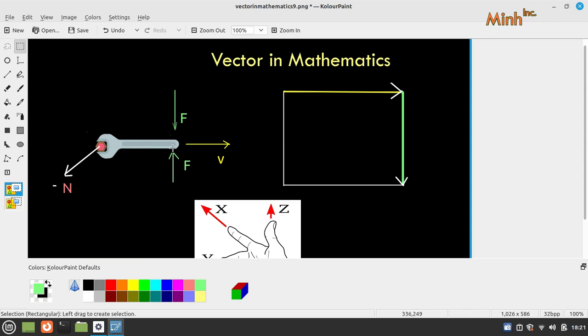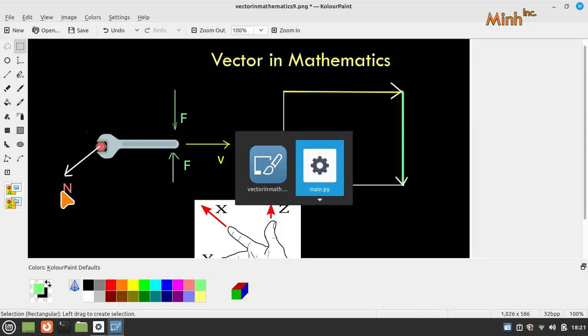In that way, this will become positive n. Okay, so it will be in this direction. So if this is in this direction, then probably it would open up the bolt. Okay, so that is the concept.